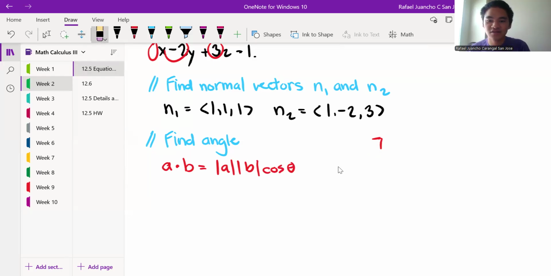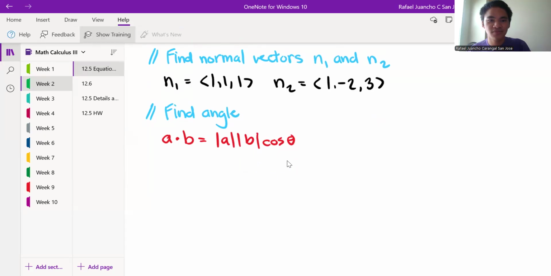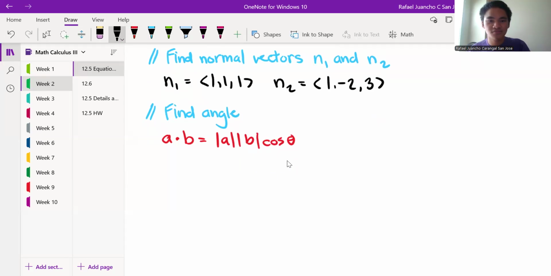So we want to get the dot product of n1 and n2, which is the length of n1, the length of n2, cosine theta. Now we find theta.